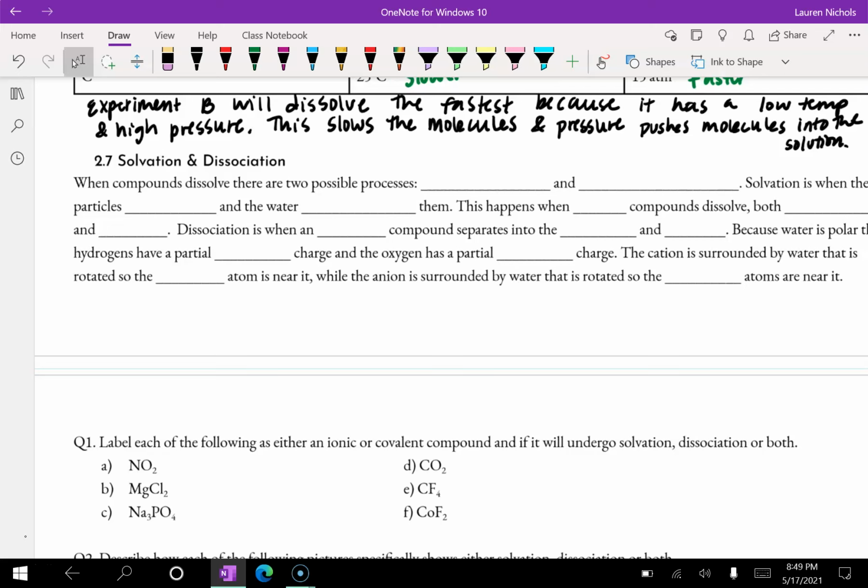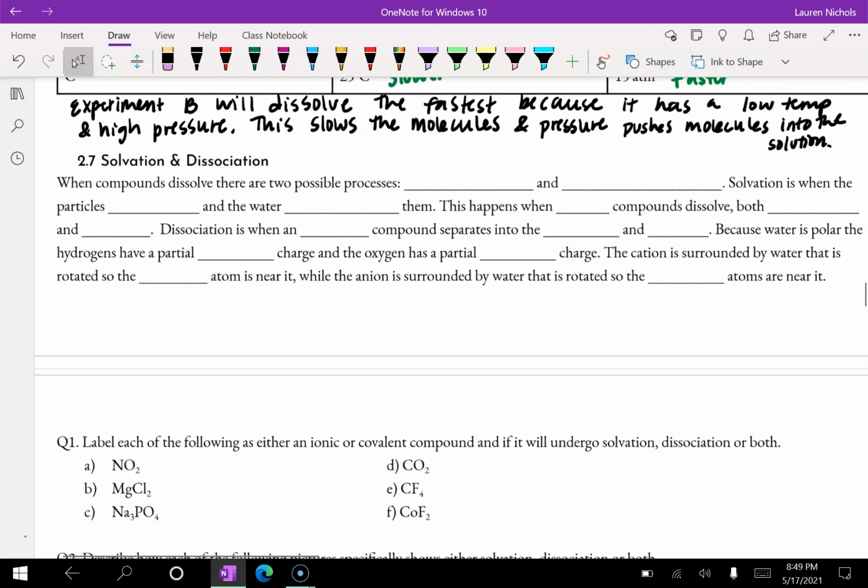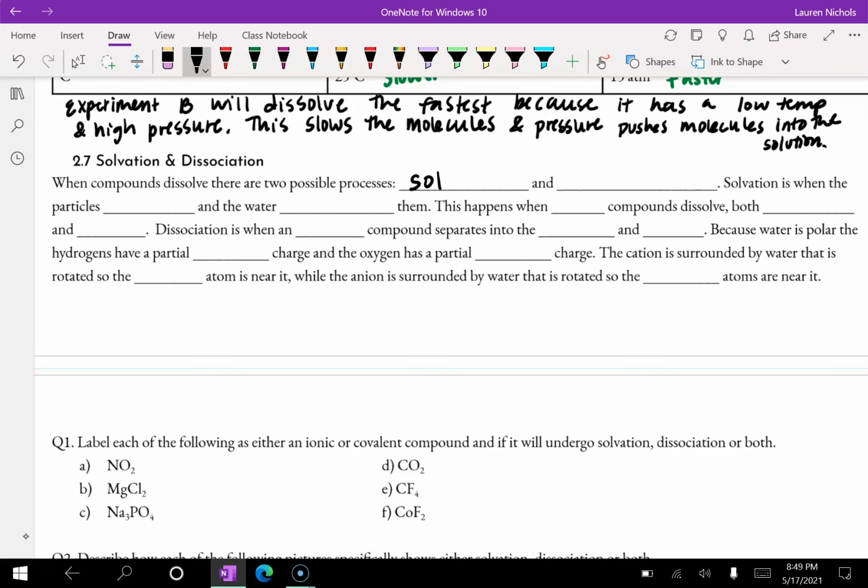It says, when compounds dissolve, there are two possible processes, solvation and dissociation. Now, solvation is when the particles separate and the water surrounds them. So anytime you have particles separating and water surrounding each of those particles, that is solvation.